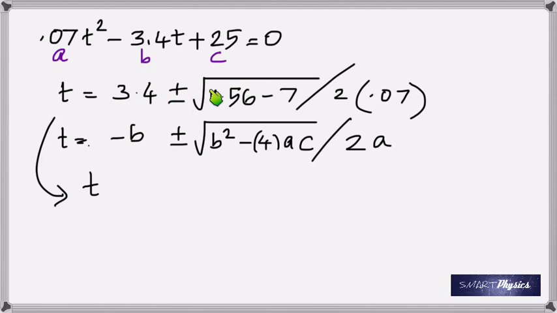Plus or minus the square root of 3.4 squared, b squared, minus 7, which is actually what you get when you multiply 4 with 0.07 times 25. So that gives you 7. And then divided by 2 times a, 0.07. When you plug in all that and solve, you get 9 seconds.